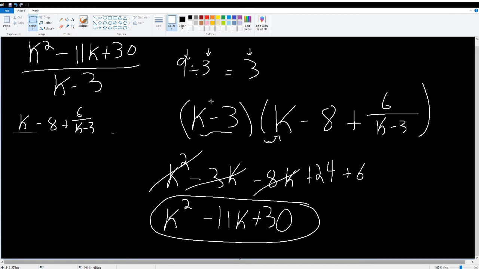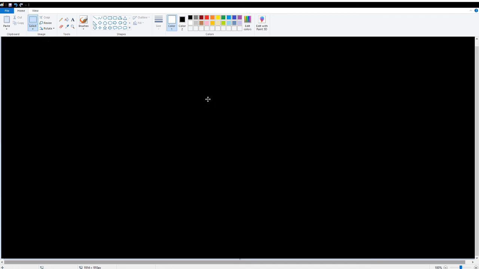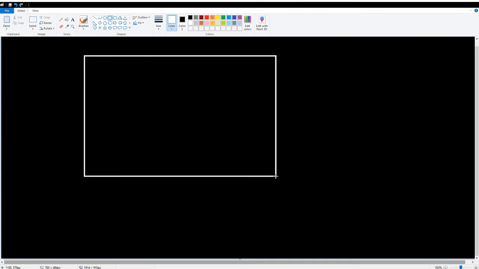Okay. Let's do a quick problem. So it says here we're given a rectangle. Okay.